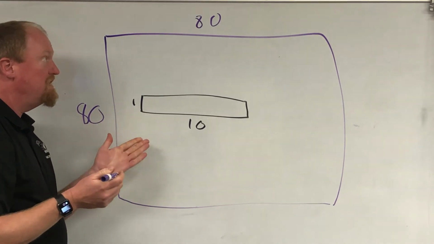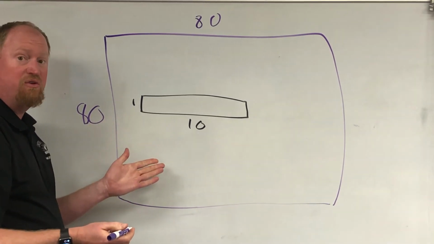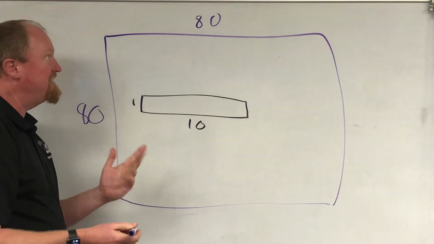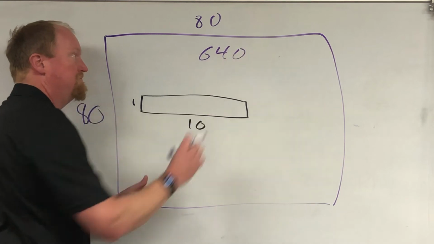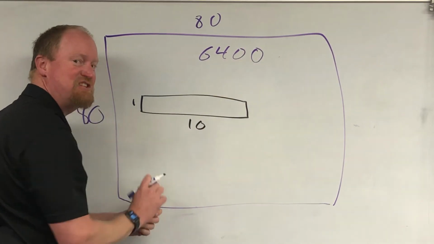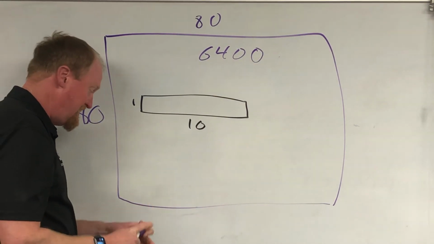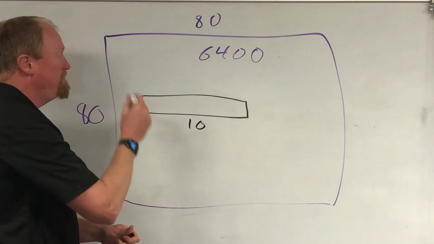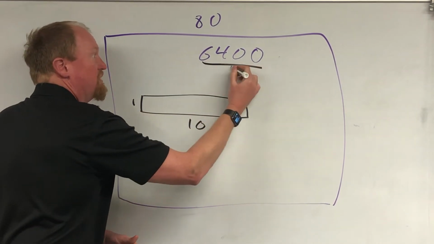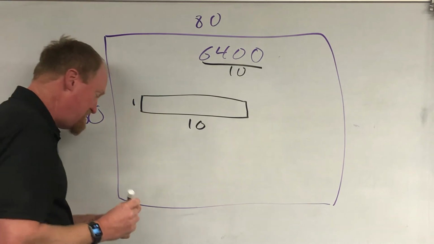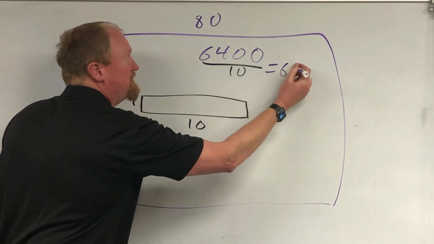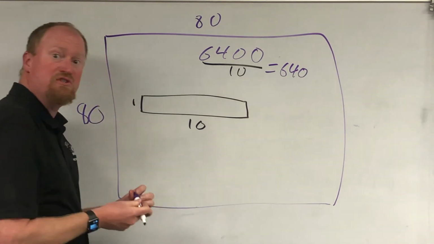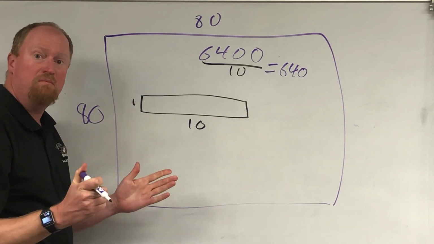So now we got some math you can do in your head. 80 times 80 is 6,400. And 1 by 10, well, that's just 10. So divide 6,400 by 10, and you find that there is 640 acres in a square mile.